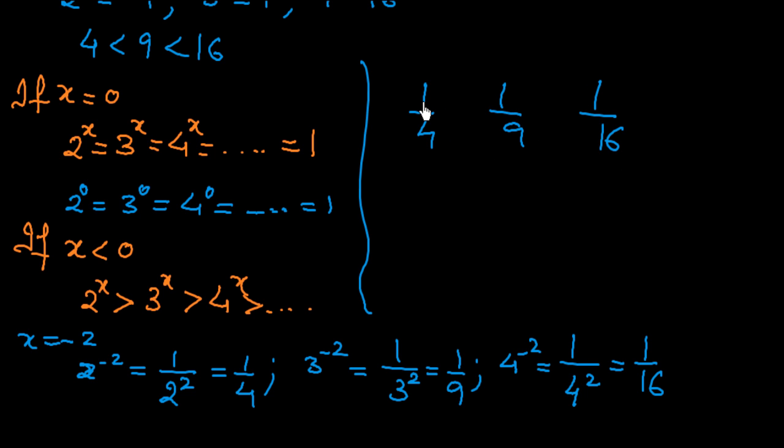So in the numerator, all the numbers are the same. 1 is there in the numerator, and the smallest number in the denominator would give the greatest value. The value of this number would be the greatest one. It is 0.25.